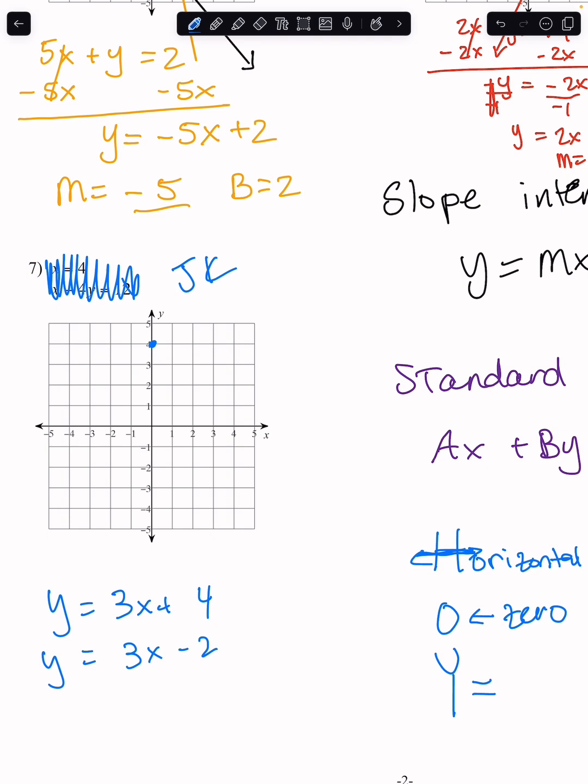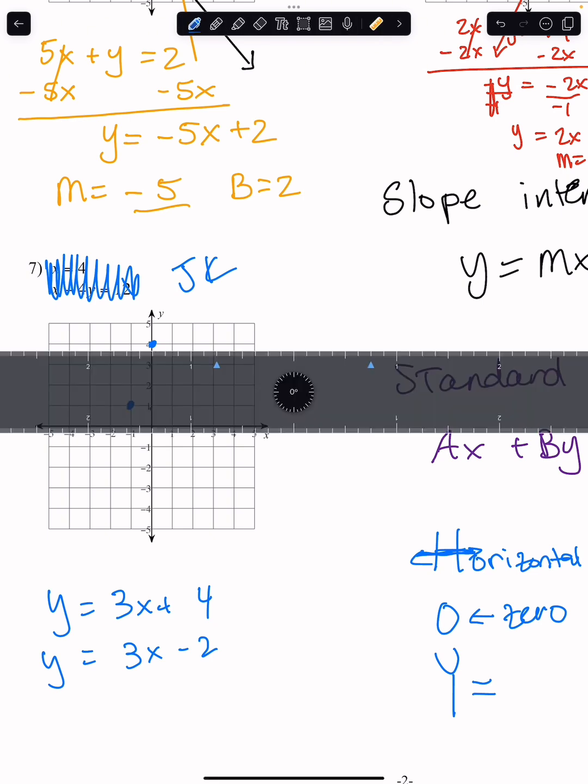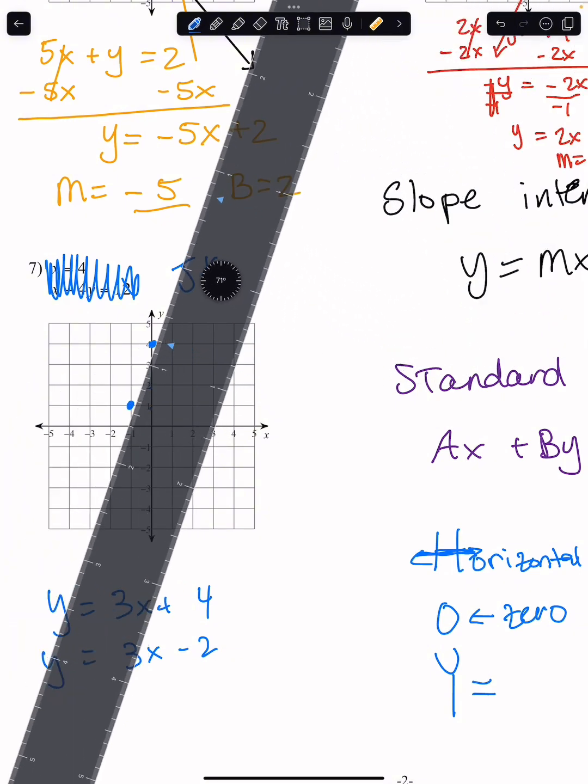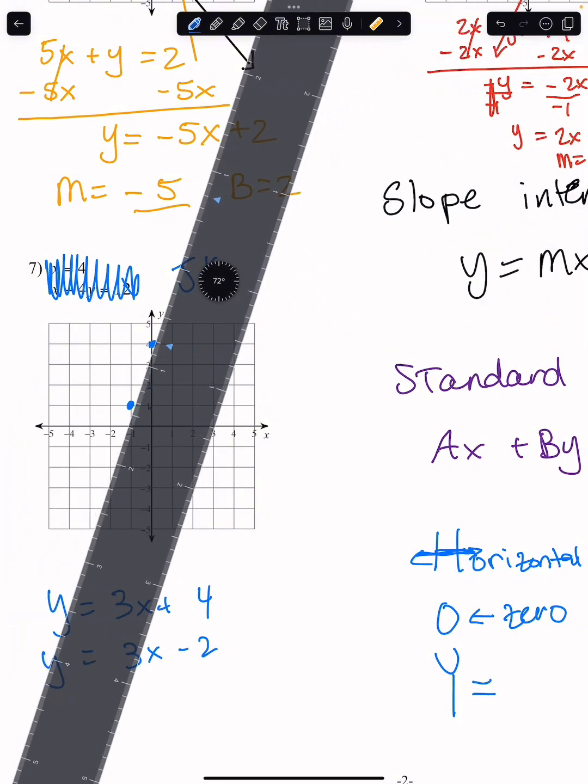You can either go up 3 to the right 1 or down 3 to the left 1. And let's go ahead and make that line. Get my fancy ruler. And I'm going to draw the line. Something like that. You know what I mean?